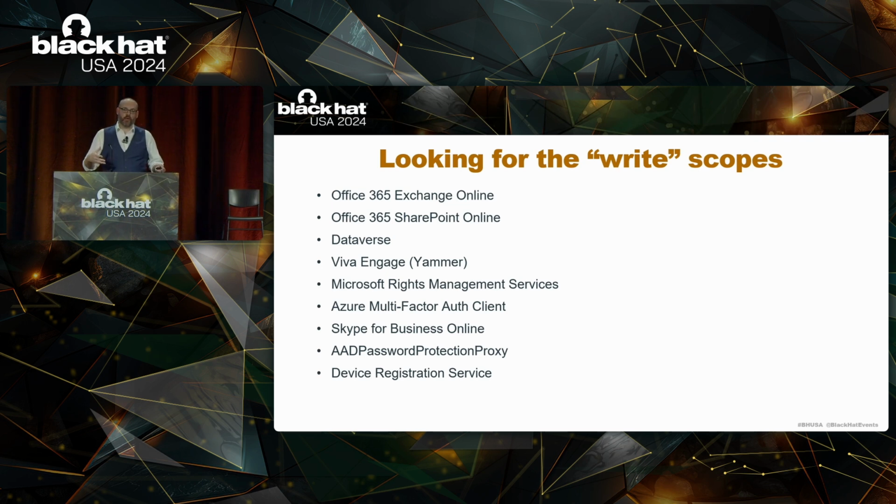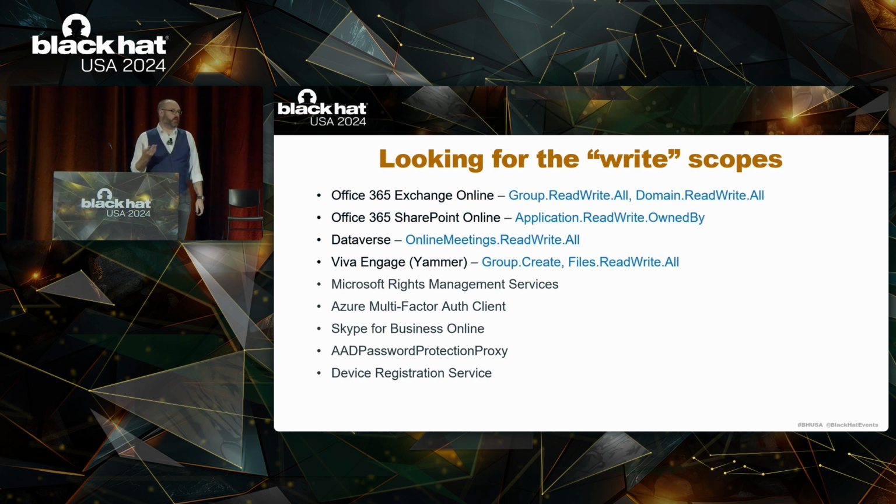There are other bits of research out there where you can have very permissive read access. But I was really focused on write scopes, trying to move into a tenant, gaining persistence, elevating privilege, all that sort of stuff. So I was really interested in the write scopes, and what I effectively found is that 4 of these service principals had some write scopes defined on them.